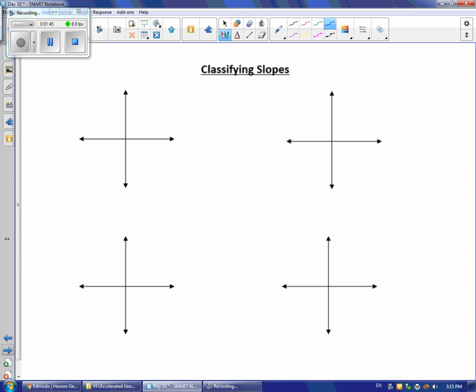Okay, we can have different kinds of slopes. If you think back to Algebra 1, you also did this in Algebra 2, you can have a slope with a positive upward trend. That will give us a positive slope. We can have a negative slope.